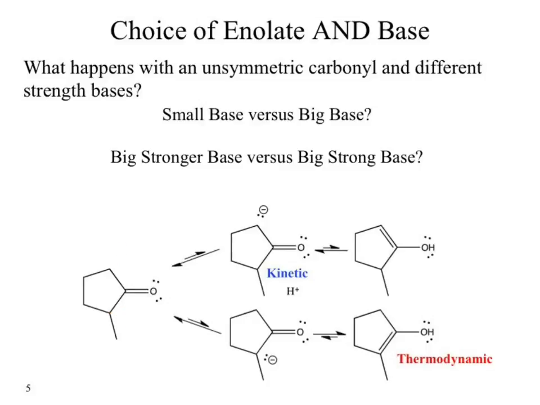What happens if we switch it up to a big, stronger base versus a big, strong base? Because in all these cases, we're using strong bases. So what's our big, stronger base? What's an example of our big, stronger base?